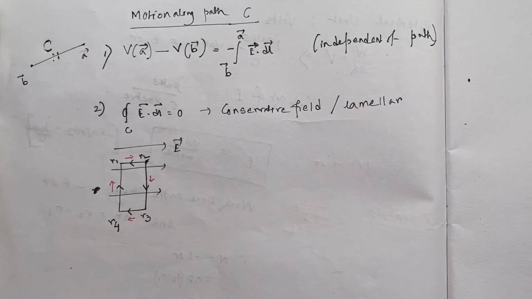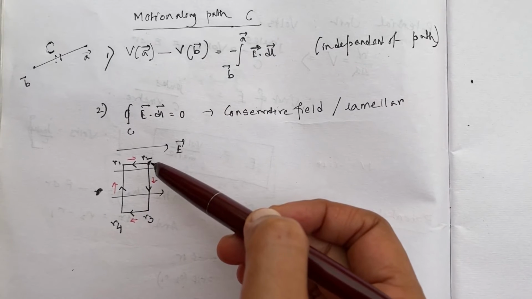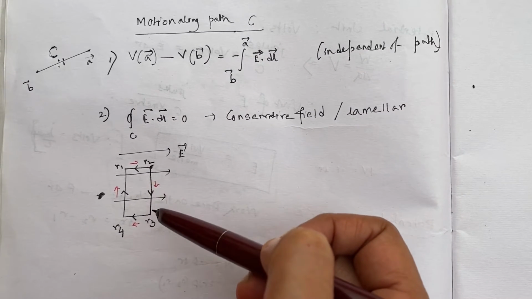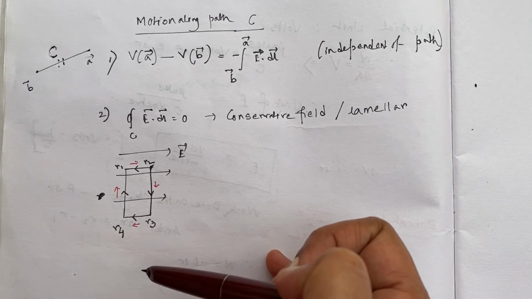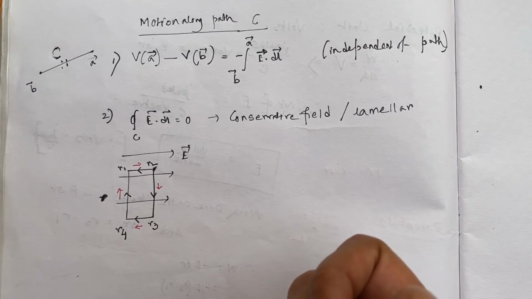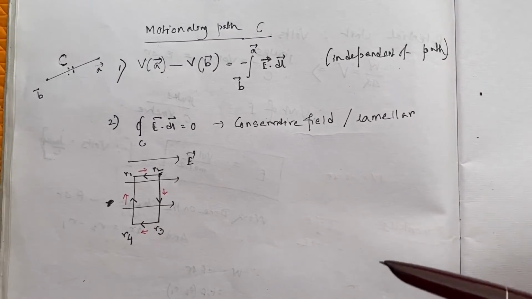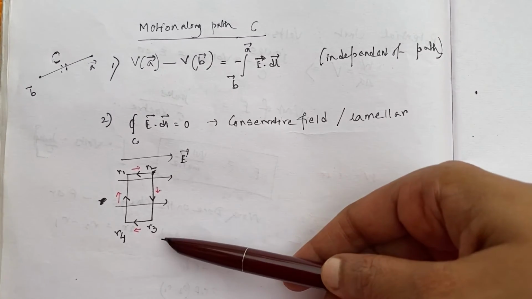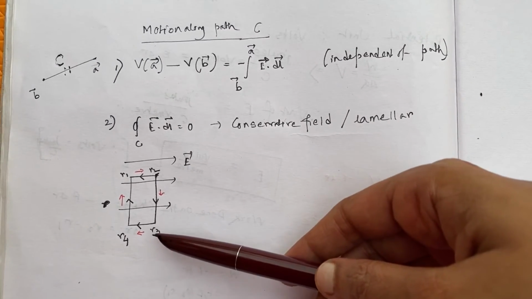Now what is the potential difference? When I move from R2 to R3, if I want to find the potential, which can be calculated from the work done, then as I am moving perpendicular to the direction of the electric field, no work is done along this direction.